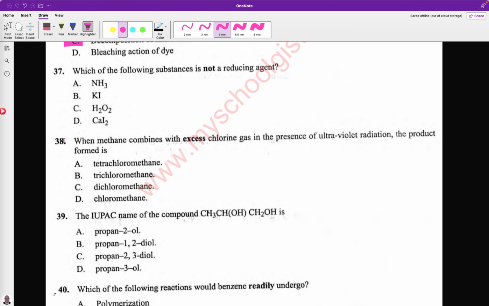All of them are reducing agents. This one is a reducing agent, this one is a reducing agent, this one is a reducing agent.